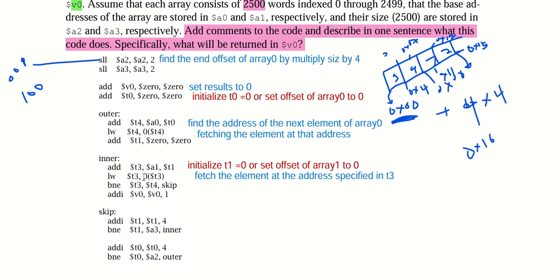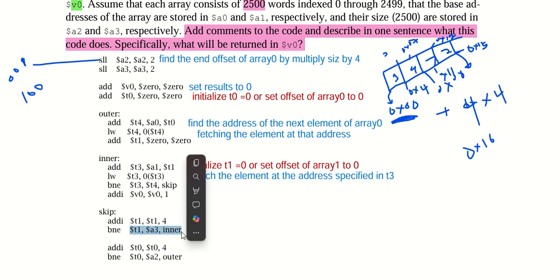So it's like a nested loop. You realize that this inner loop will run these two lines, even three, right? They will run until you hit a condition where the offset is at the end of the array.